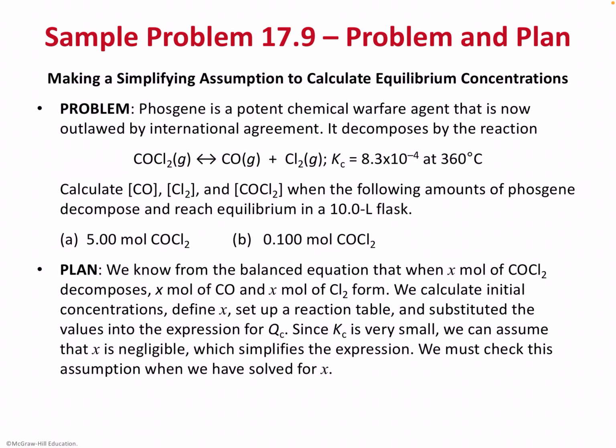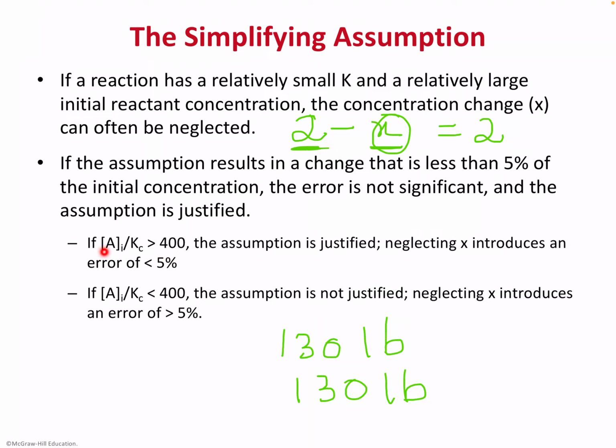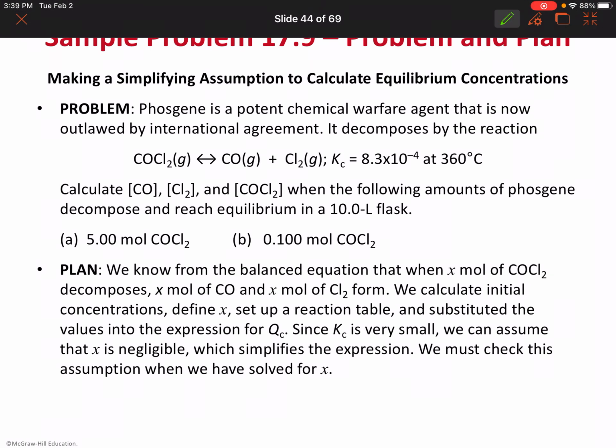Let's look at another case, where we have 0.1 mole initial amount. Now let's see, the same way, even before we get started, whether we can use the assumption or not. Initial concentration versus Kc. Our initial concentration is 0.1 moles in 10 liters.